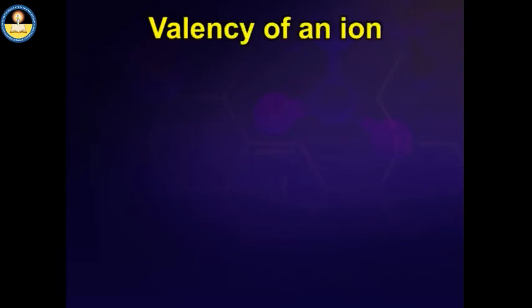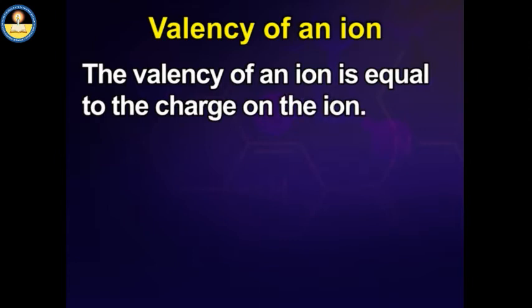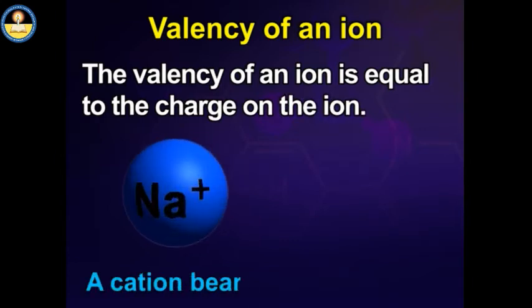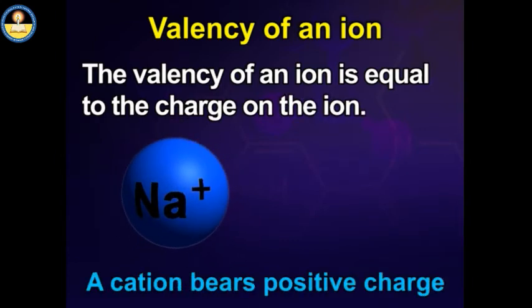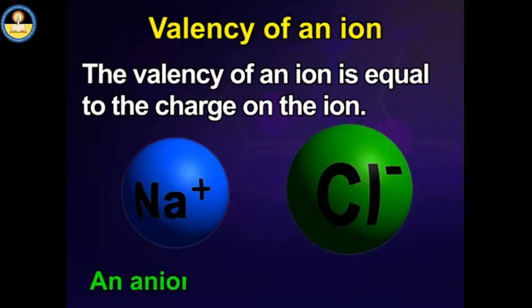Let us now learn about valency of an ion. The valency of an ion is equal to the charge on the ion. A cation bears positive charge. Therefore, its valency is taken as respective positive numeral or simply numerical value of the charge, Na+. On the other hand, an anion has negative charge.